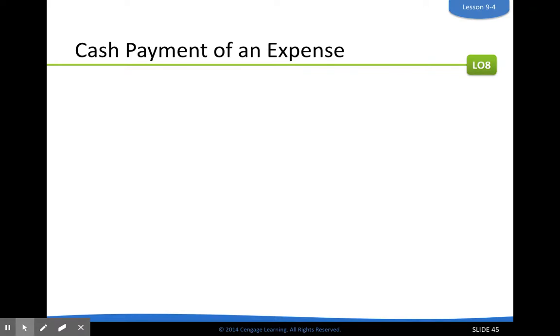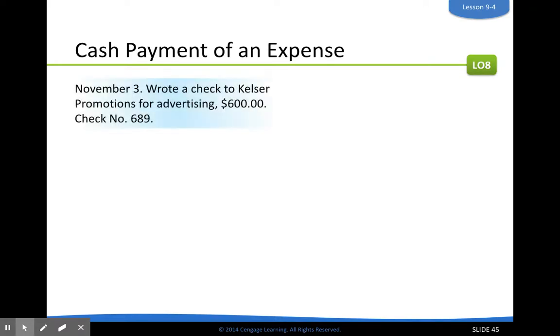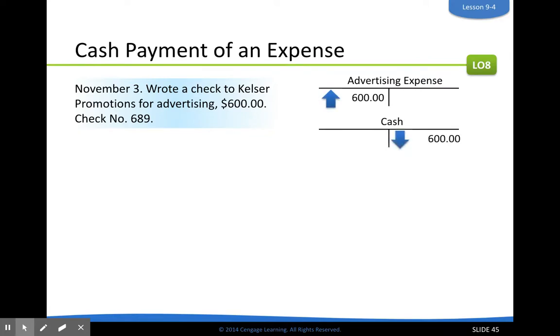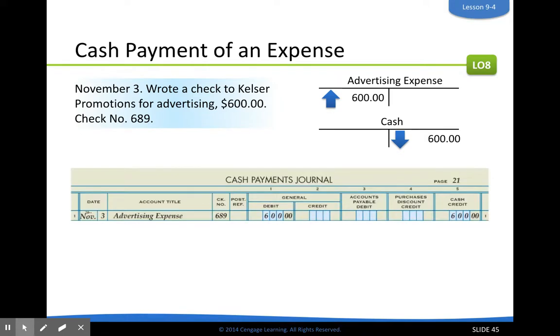We have an example here. We paid for an expense. We wrote a check for advertising, check number 689. We have advertising expense, which increases with the debit, and our cash is, of course, decreasing because we wrote a check and we paid. In our new cash payments journal, it will look much the same as it did in our general journal: the date, account title, check number.